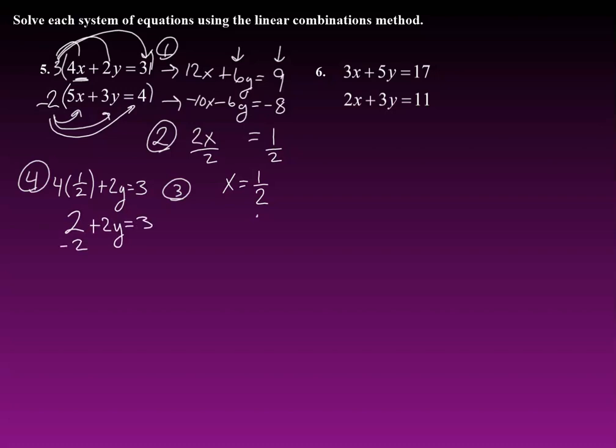Then we're going to subtract 2. 3 minus 2 is 1. And then we'll go ahead and divide by 2, and y equals 1/2. And then step 5 is to write your answer as an ordered pair, 1/2, 1/2.